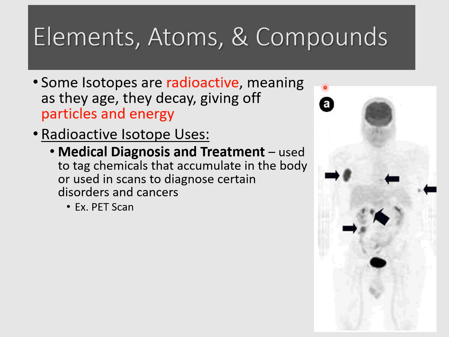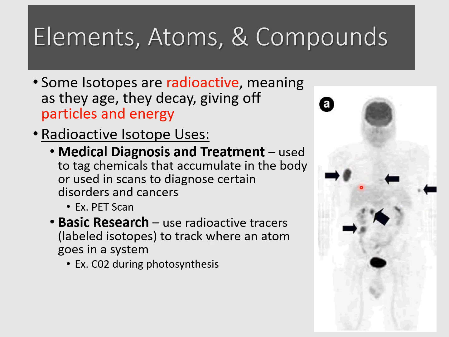So here's a PET scan. We know that the brain is going to have a lot of uptake, but then we see these different masses in the body that have higher metabolic turnover, and so we're going to assume they might be tumors. Then you can look at them more closely with other diagnostic tests.